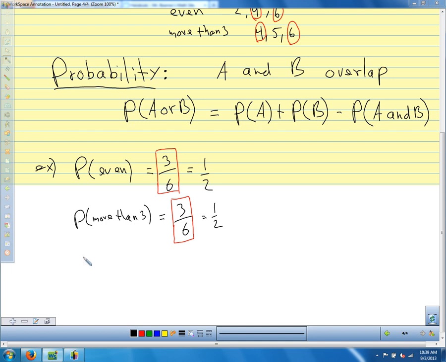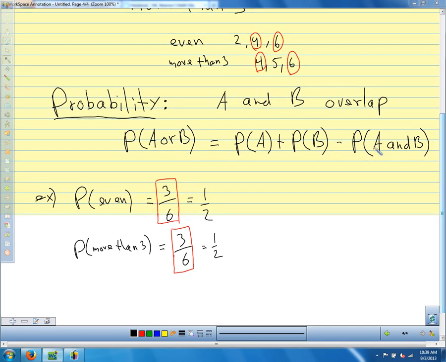So what is the probability? Now we need the overlapping part, the part that we count twice. Probability of even and more than 3. So how many numbers are even and more than 3? 2.